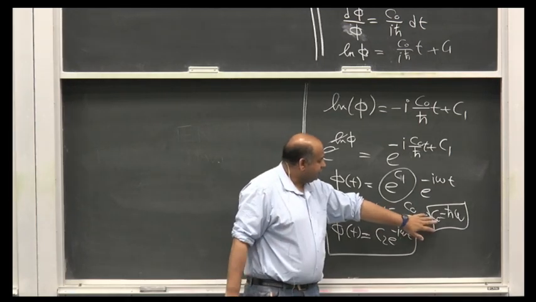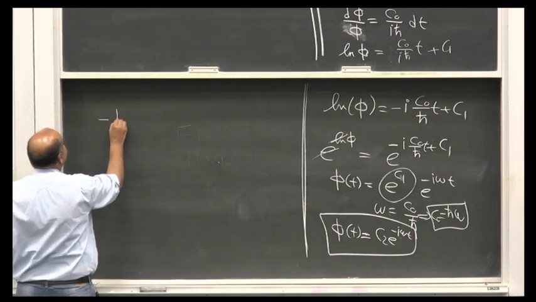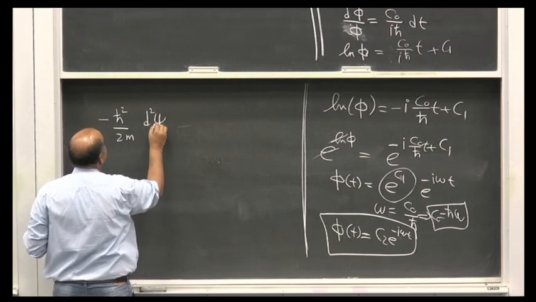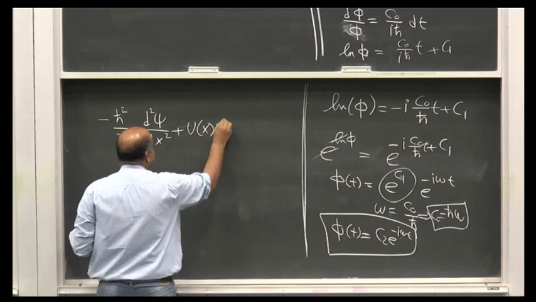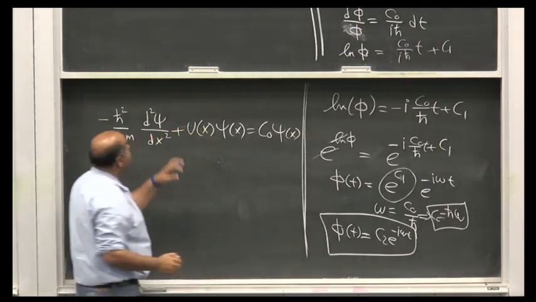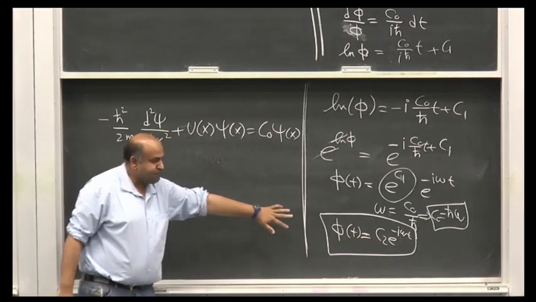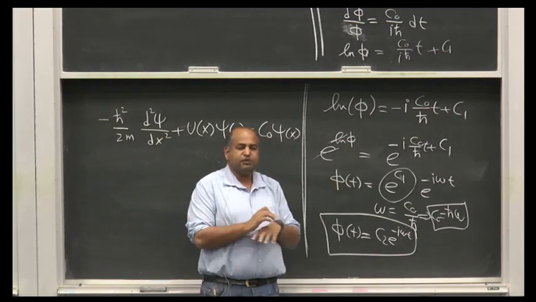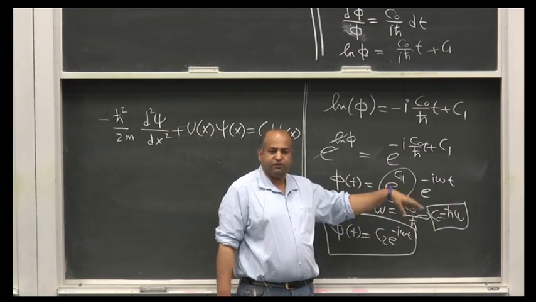So it means that this C naught is h cut omega, and the second equation which is minus h cut square 2m d square psi by dx square plus u of x psi equals c naught psi. ये जो इक्वेशन है इसको मैंने यूं करके लिखी. अभी ये इक्वेशन सॉल्व नहीं की, सिर्फ ये वाला पार्ट सॉल्व किया. सो अभी अब हमें इस वक्त कोई जरूरत नहीं है कि दिस इज ये एनर्जी है कि नहीं है, but this looks like an energy, but we don't even need to call it right now.